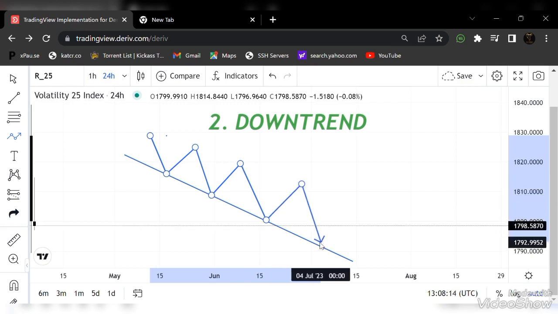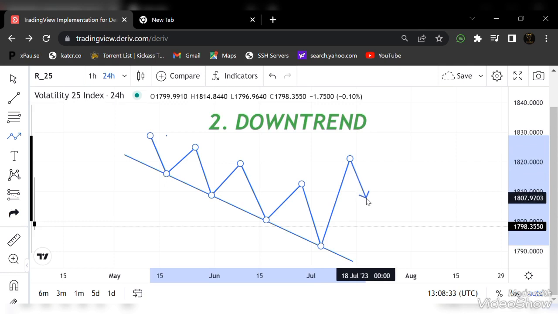However, when price breaks this previous high, it indicates a change in the directional bias of the market, right? That the market is about to buy.